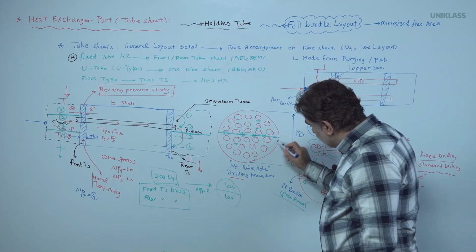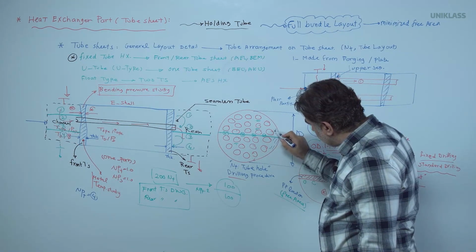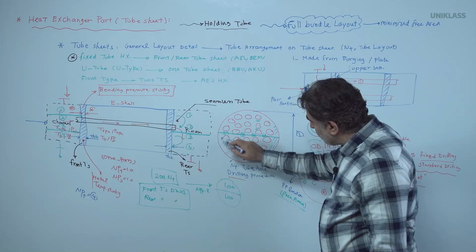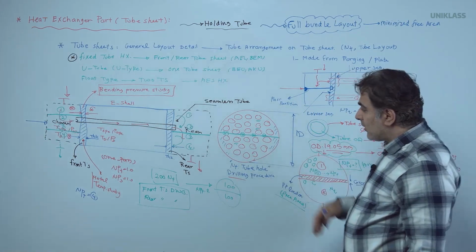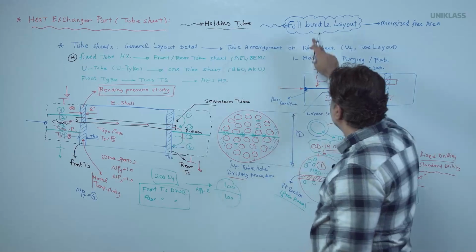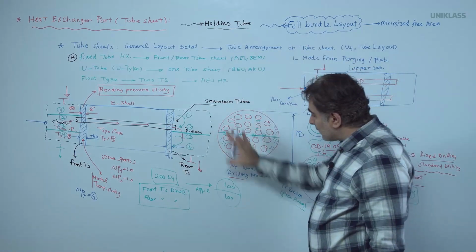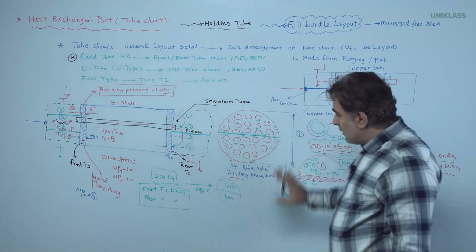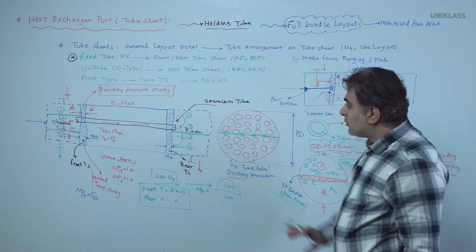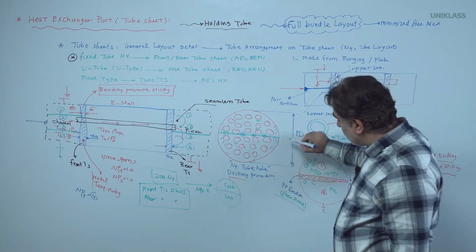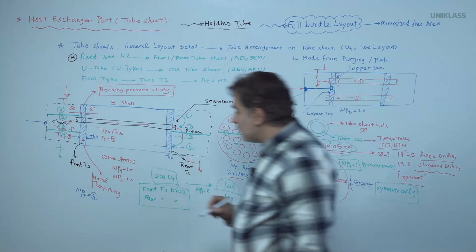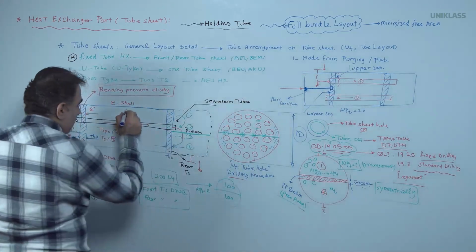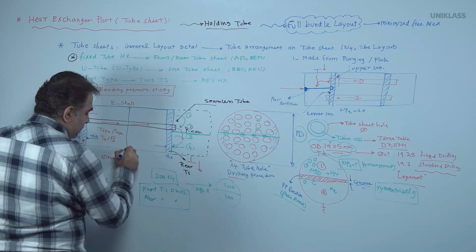This area we cannot put a tube. This is a free area. The philosophy of the heat exchanger is we need to provide a full layout bundle and use all of the surface of the tube sheet. Put the tubes on the surface of the tube sheet to minimize the ID and effective ID of the shell. ID of the tube and tube sheet affect the ID of the shell.